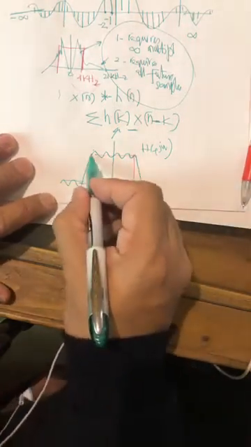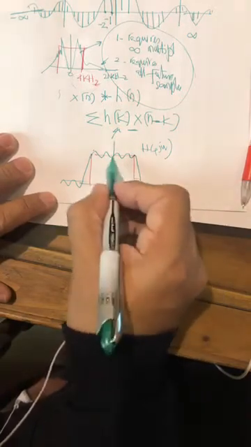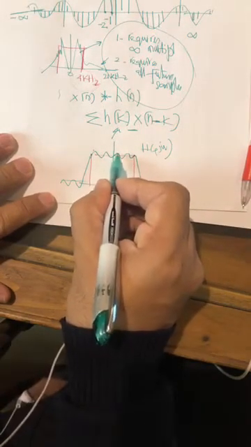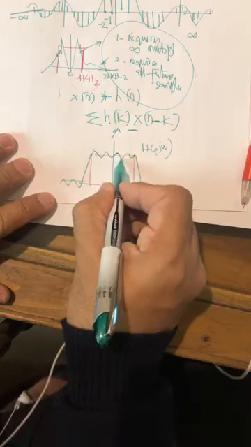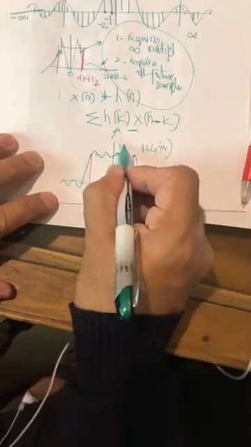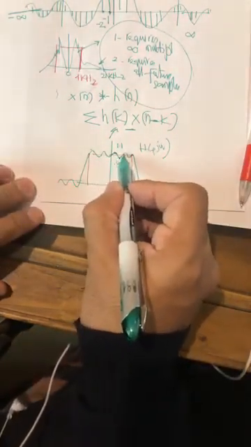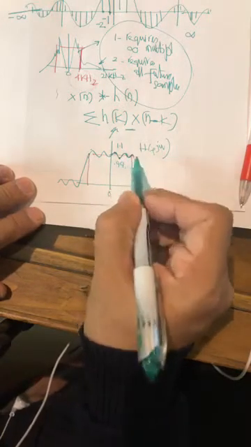Now the frequencies you want to keep, 0 to 4 kilohertz, some of the frequencies will be amplified and some will get attenuated a little. Maybe this is 1.1 and 0.99, but you are causing distortion in the desired frequency spectrum.